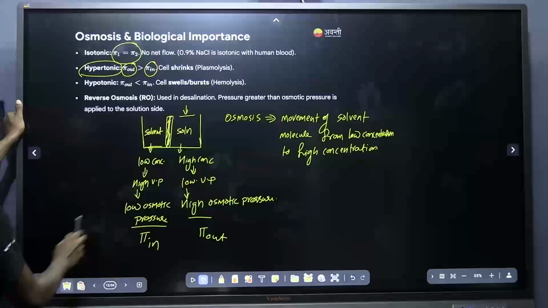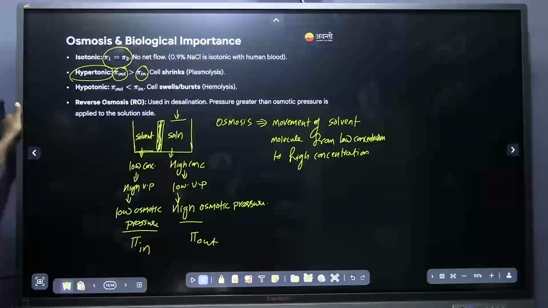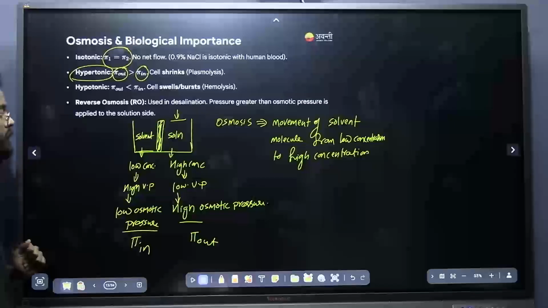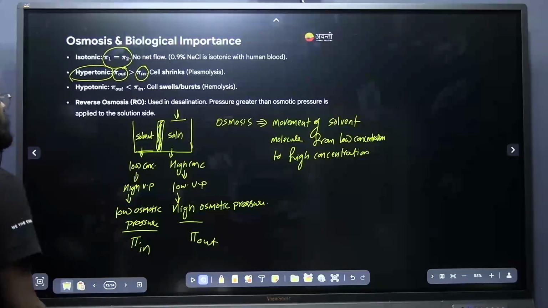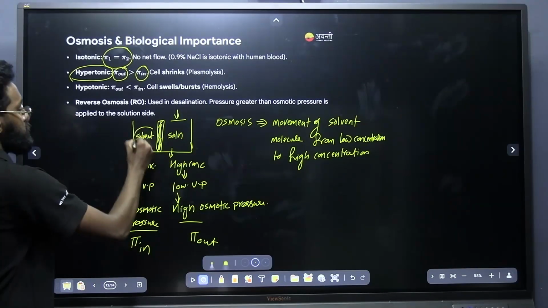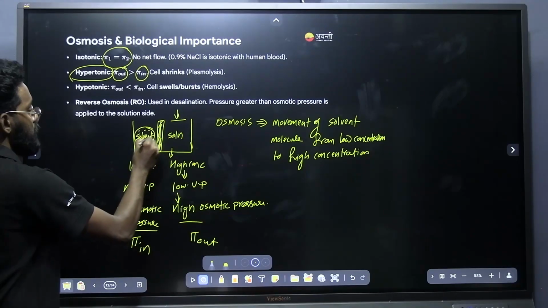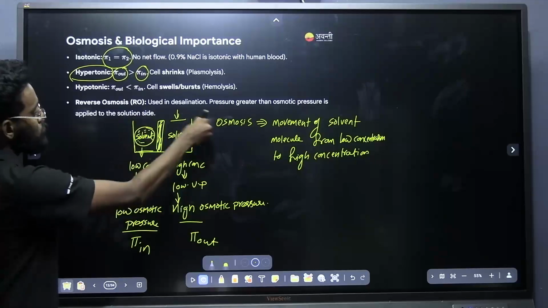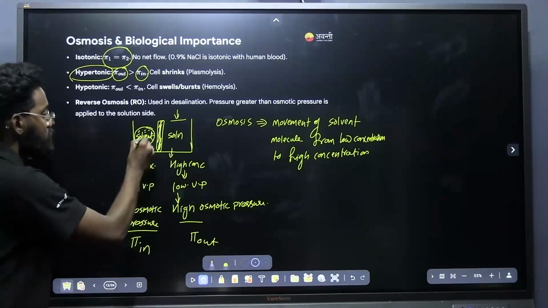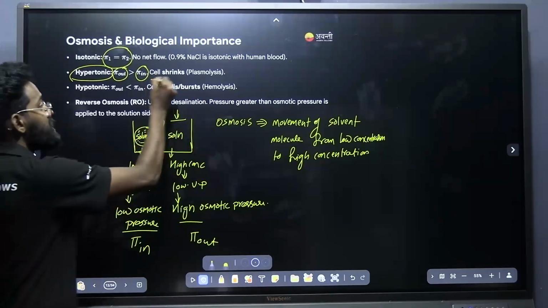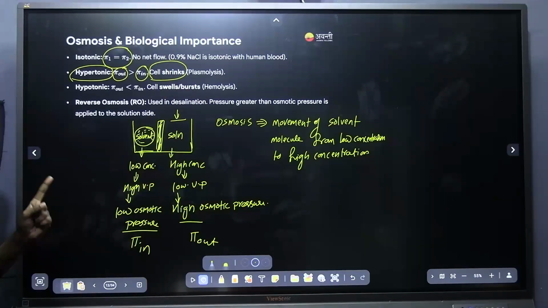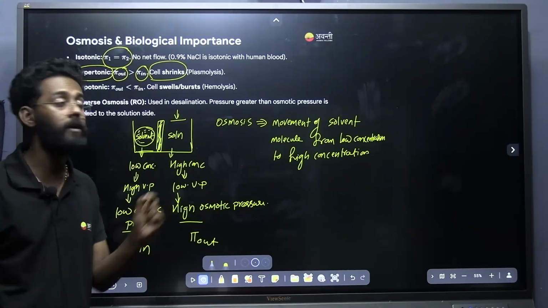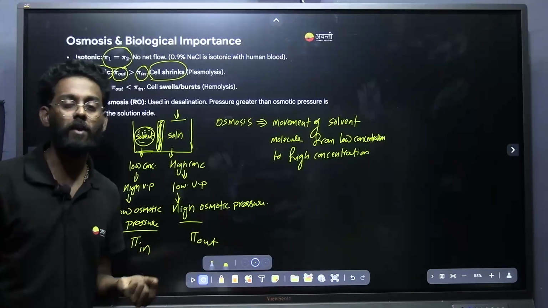Now can you say what type of osmosis it is, hypertonic or hypotonic? It is hypertonic, and because of that, if I am considering this as a cell, what is going to happen? Solvent molecules will move from the cell to the solution. That is why the cell will be shrinking. And biologically we call it plasmolysis.